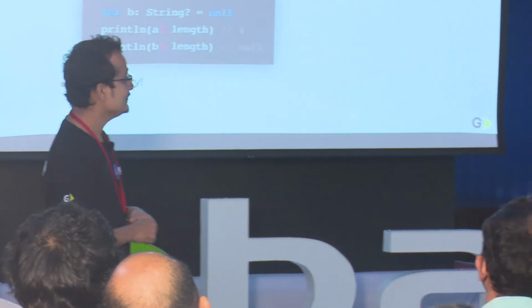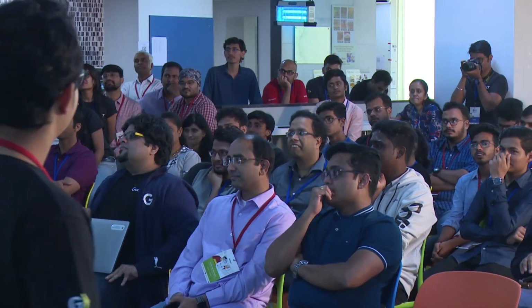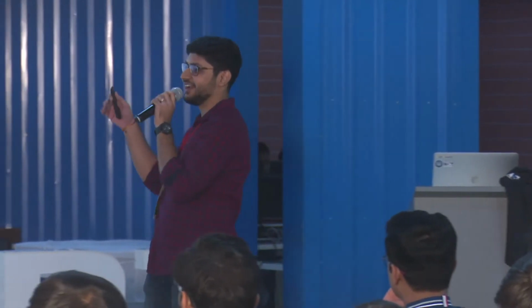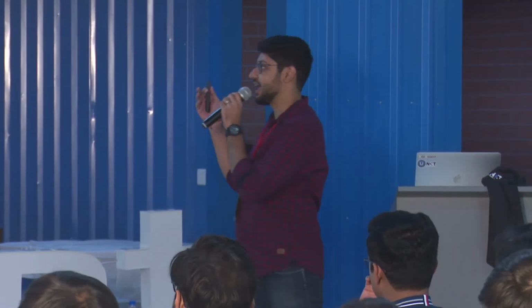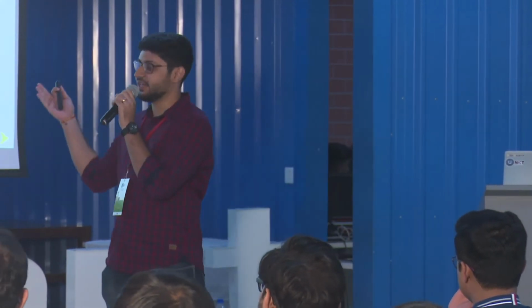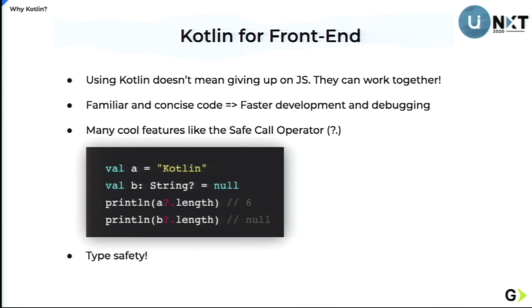So yeah, basically to convince you guys, not to convince you, but just to make a case, we divided this into 2 parts, for front end and for back end. So Kotlin for front end obviously doesn't mean giving up on JavaScript, right? You will be able to use the existing npm packages, and you will be able to write code which is familiar, similar to JavaScript, okay?